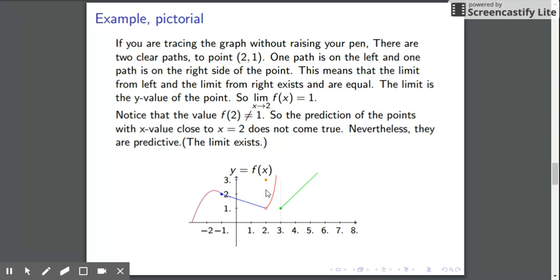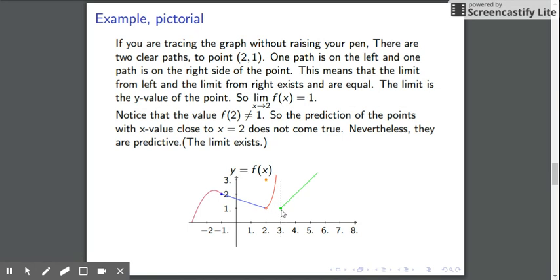But the point (2, 3), the orange point up there, is on the graph, so the prediction of the two sides of the graph, the prediction of the neighbors of the point, is not the same as the point. That's a discontinuity of the graph. You see a hole in the graph.